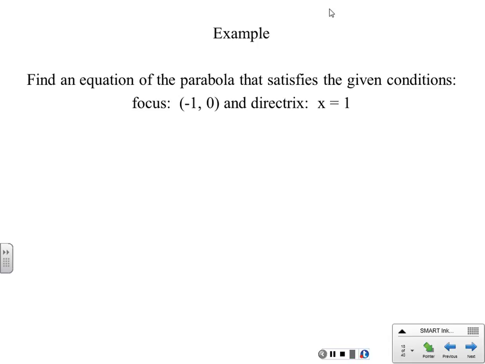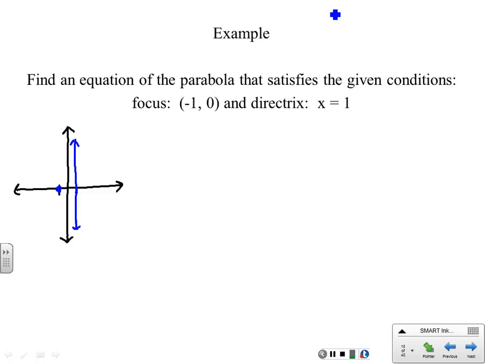Now, this is what I say. Graph it. You can graph this, okay? Watch this. If I have a graph, your focus is -1, 0. There's your focus. And your directrix is x is equal to 1. So which way is this thing going?